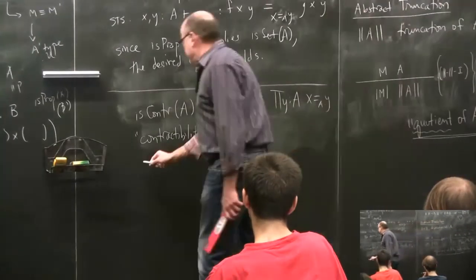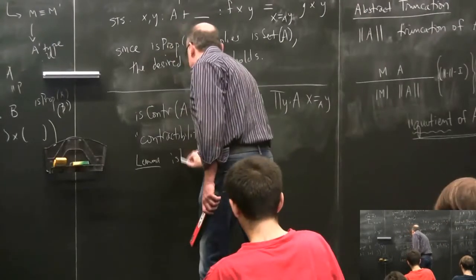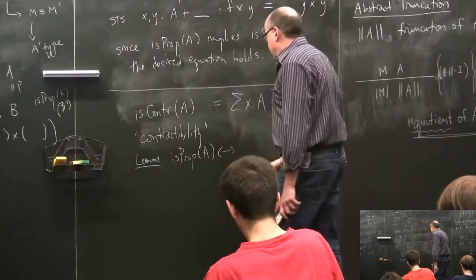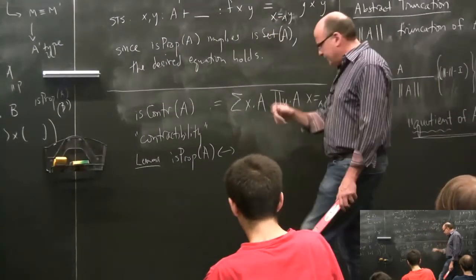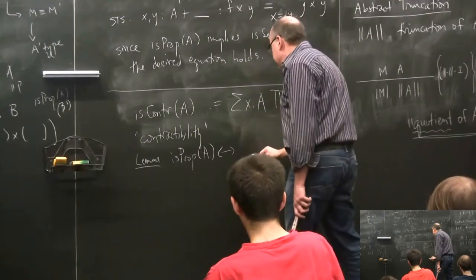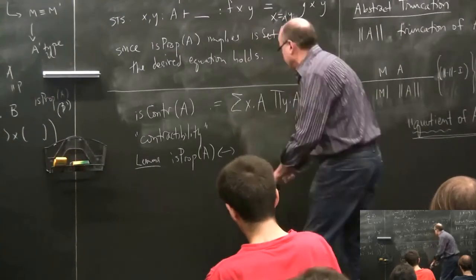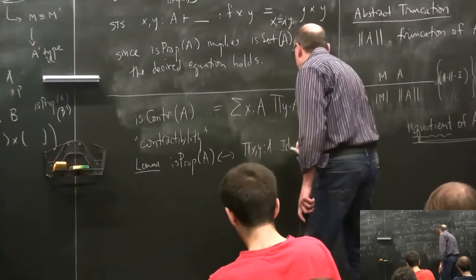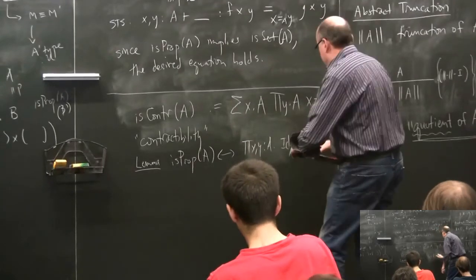Then it's actually a little lemma that you have to prove, which is that isprop, as I've defined it, is at least logically equivalent to saying that for every x and y, the identity type x equals y is contractible.